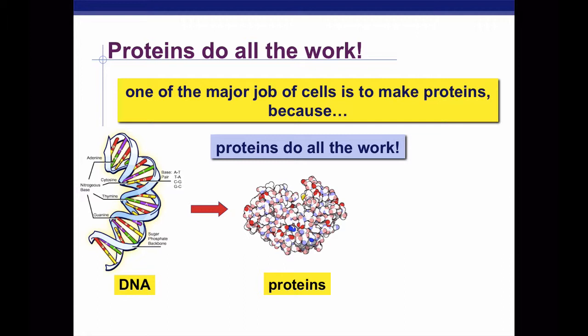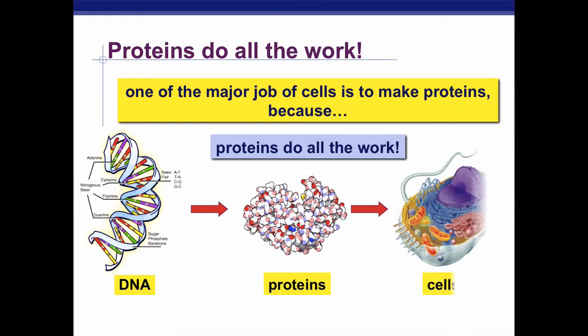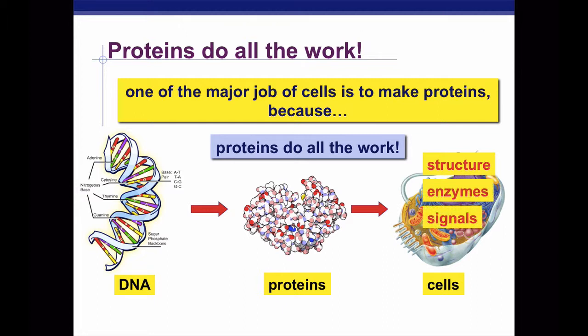And this is called protein synthesis. We make proteins by taking that RNA, and then the ribosome will read it and direct tRNA, or transfer RNA, to bring down amino acids. And amino acids are the building blocks of proteins. And then the proteins can be things for structure, enzymes, signals, receptors.